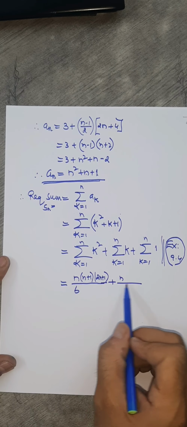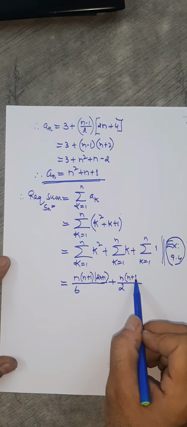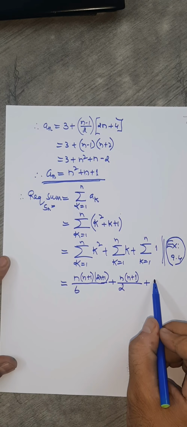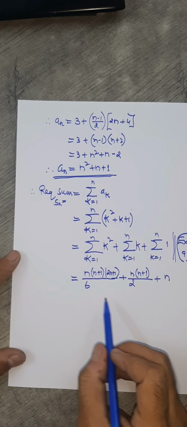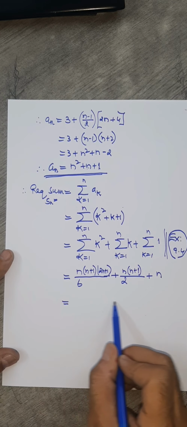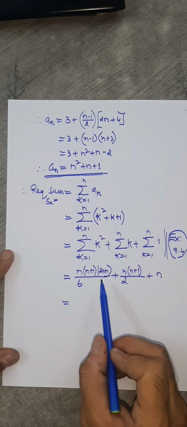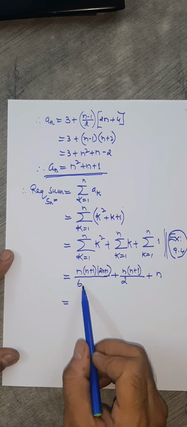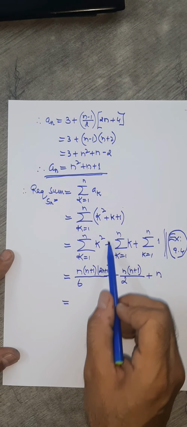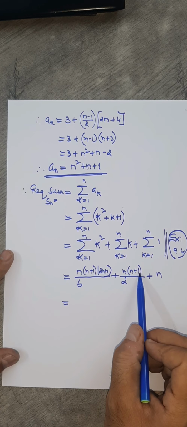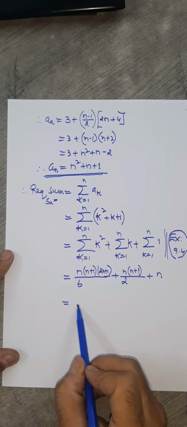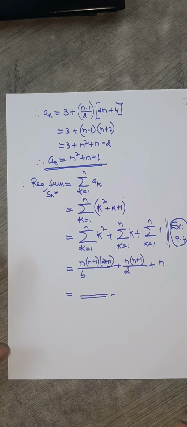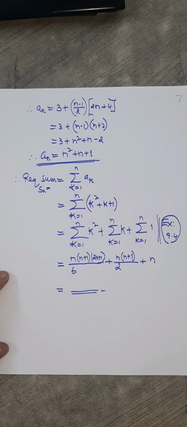What is this? n by 2 into n plus 1. You know this. 1, 1, 1, how many times? n times. It is n. Now you just need to simplify this, right? This is the sigma k square formula. You know it: n by 6, n plus 1 into 2n plus 1. The sigma k formula: n by 2, n plus 1. 1, 1, 1, n times. So the question is just to simplify and check your answer from the back of the book.